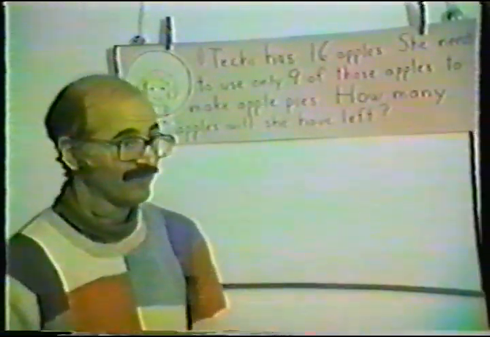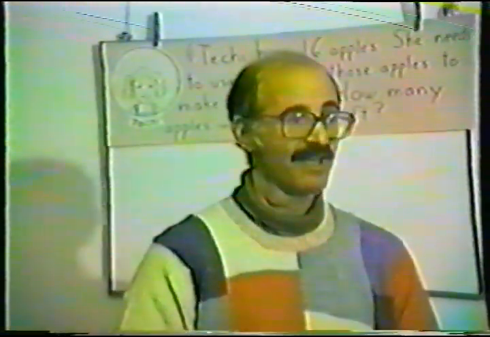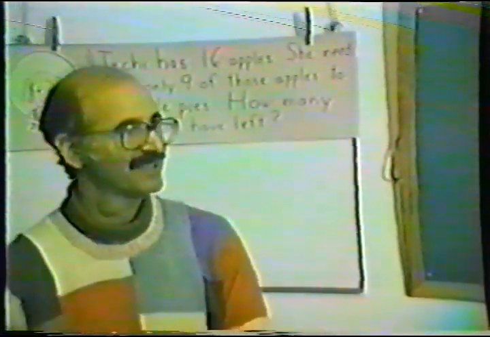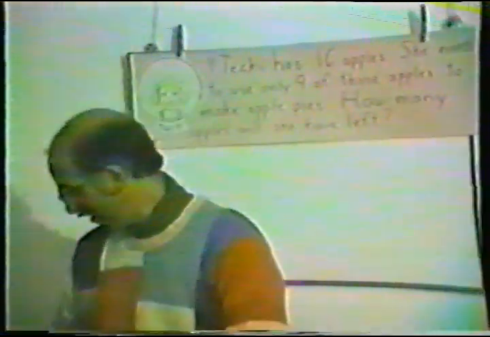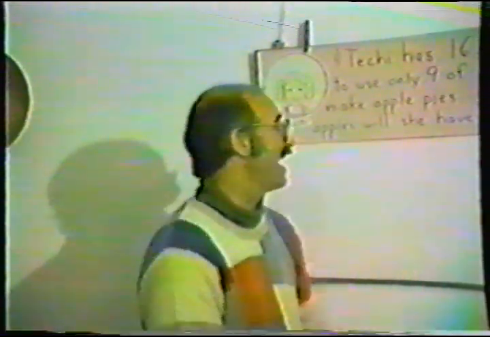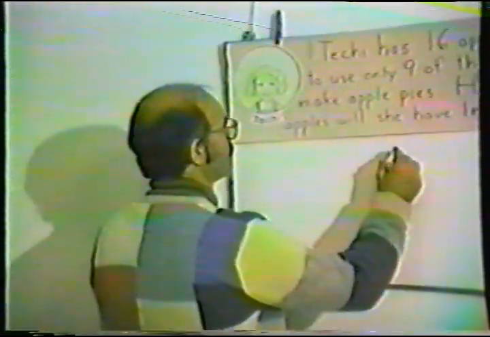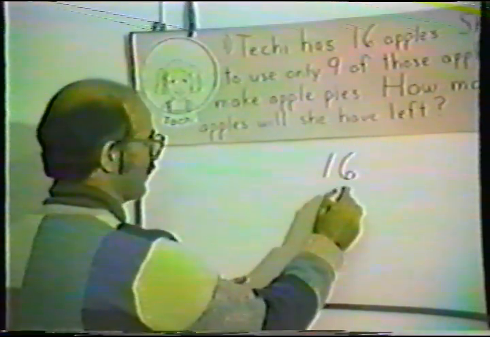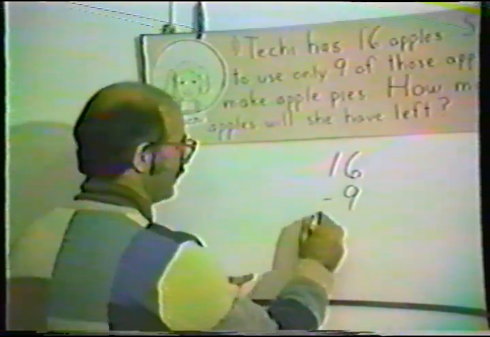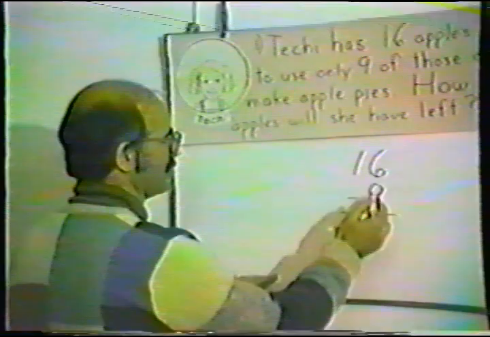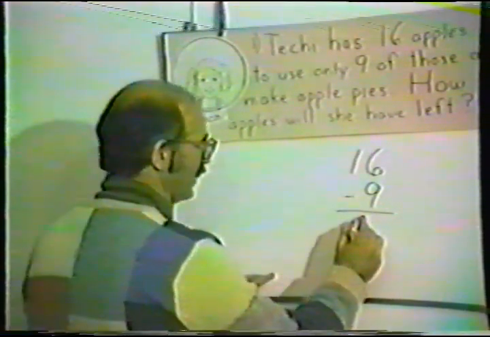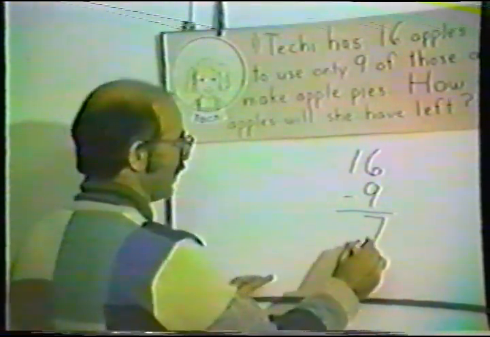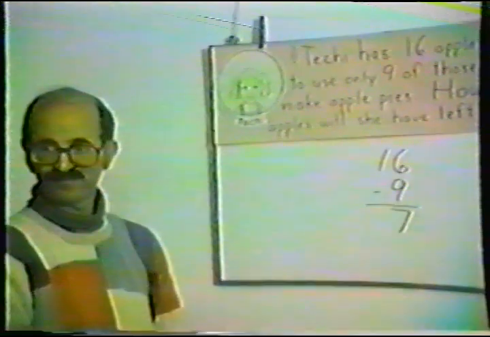How many left? That tells us that it's time to take away, or subtract. 16 apples. She uses or takes away 9. 16 take away 9 is 7. 7 what?